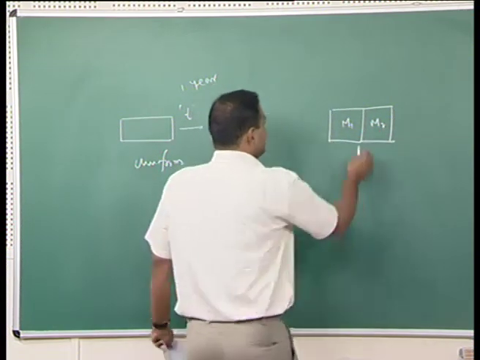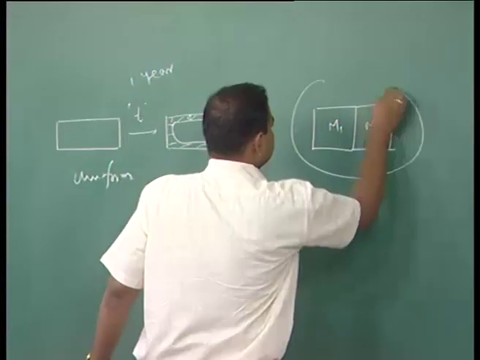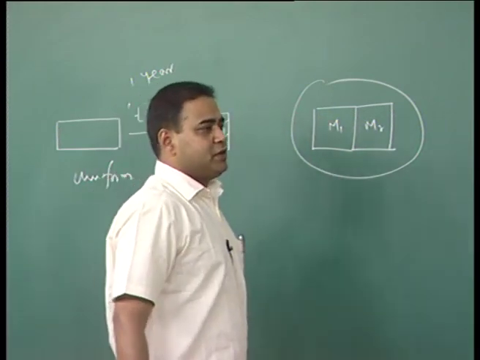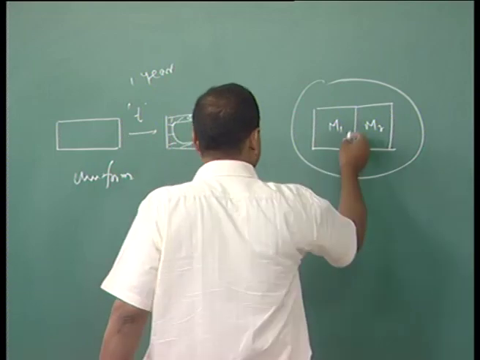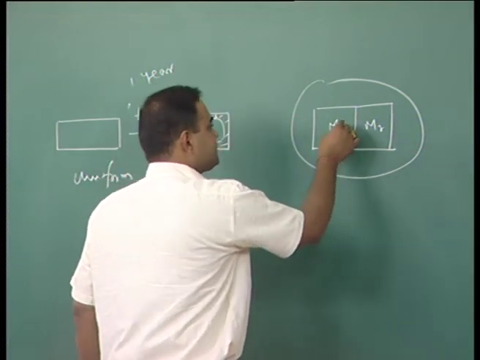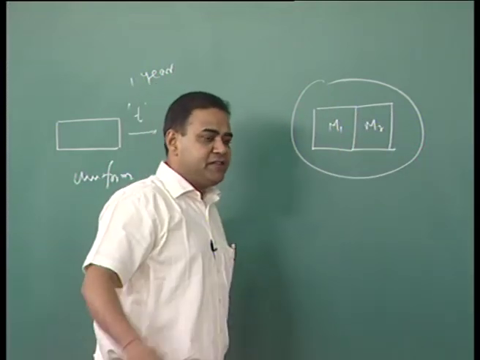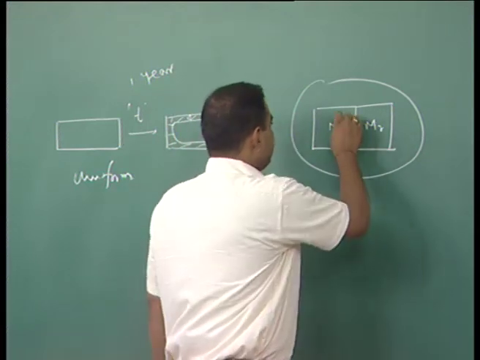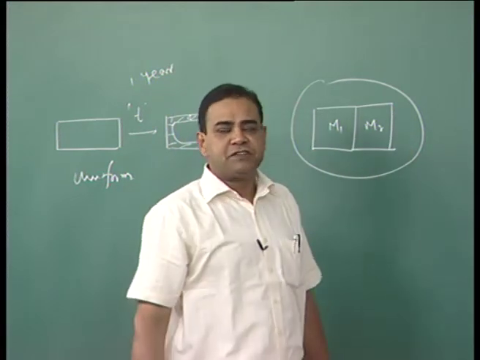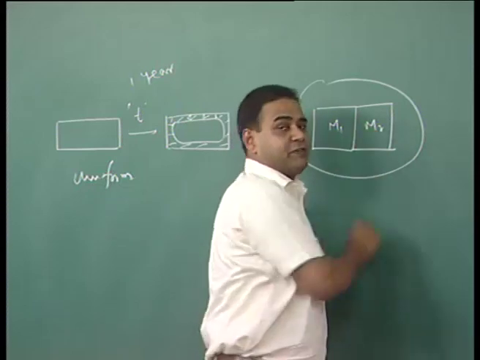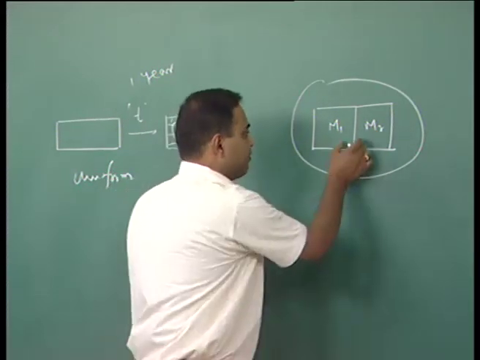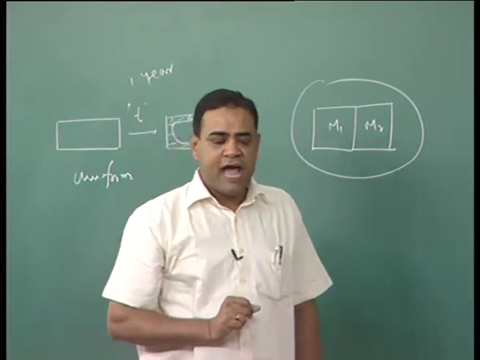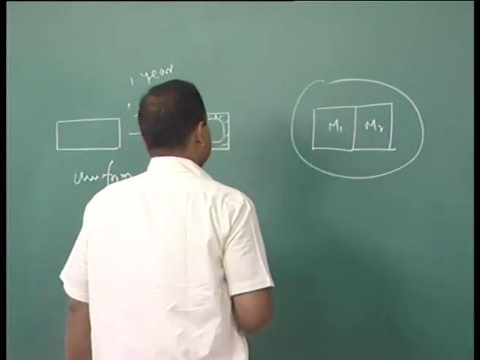If you expose this combination of two materials to a solution, then depending on the electrochemical characteristics of M1 and M2 in that solution, either M1 can dissolve preferentially or M2 can dissolve preferentially. That is happening because of the coupling of these two different materials, and this is termed galvanic corrosion.